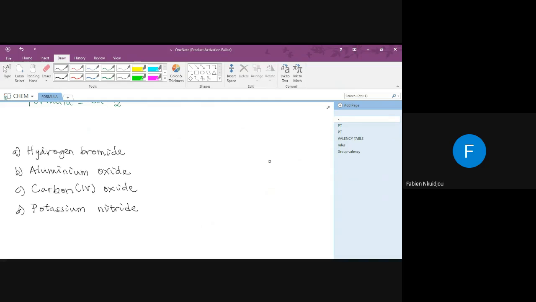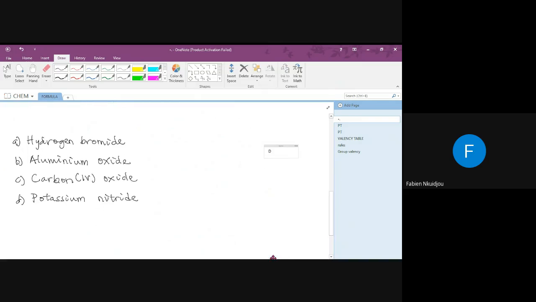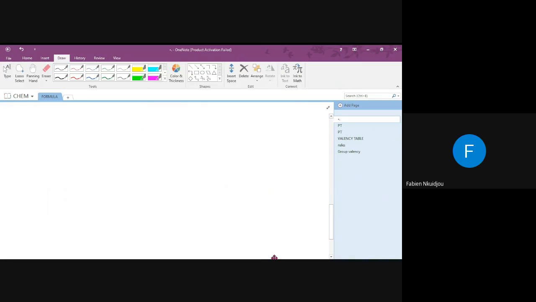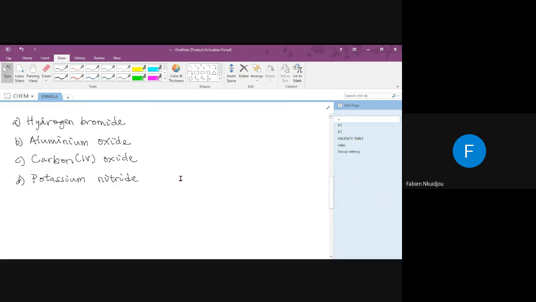Okay, I suppose you've tried the 4 exercises we have here. Now let's find out what we've done to see if it's correct. Let's begin with the very first case, which is hydrogen bromide. For hydrogen bromide, what are the elements present?